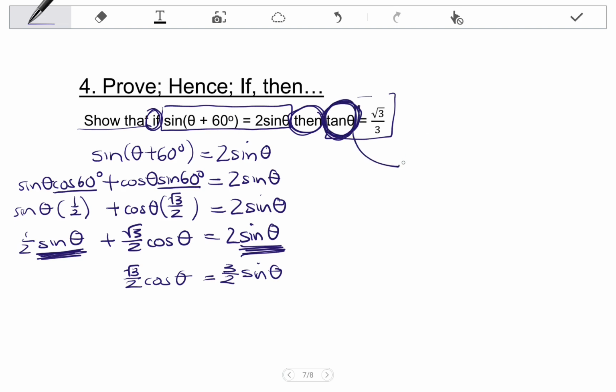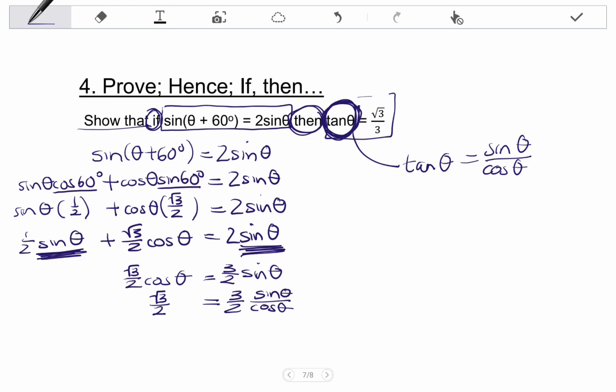Now from the identity we know that tan theta is equal to sine theta over cos theta. Okay, so if I want to change from having a sine and a cos to tan, I need to divide by cos theta. So if I divide by cos theta, I'm left with root 3 over 2 on this side, and 3 over 2 sine theta over cos theta. Okay, now I want tan on its own, so I'm going to divide by the 3 over 2.